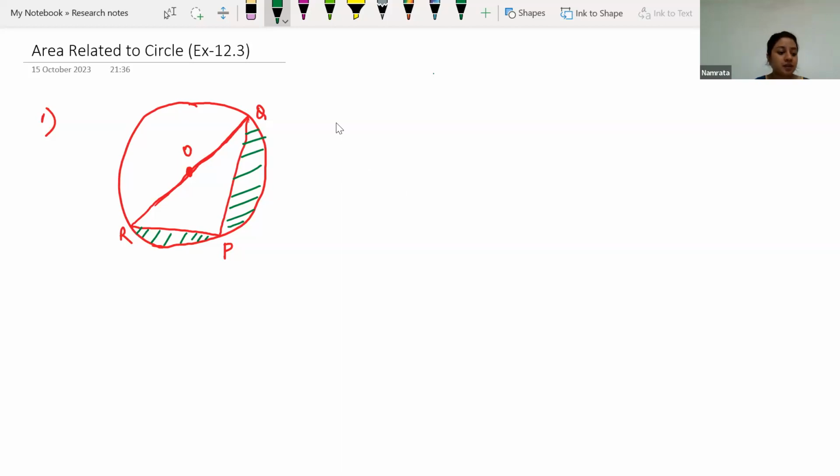So here the information says find the area of the shaded region. PQ is given as 24 centimeter and PR is given as 7 centimeter, where O is the center of the circle.